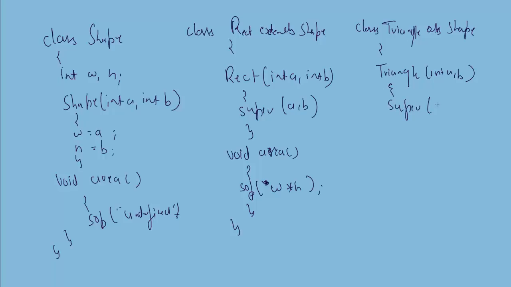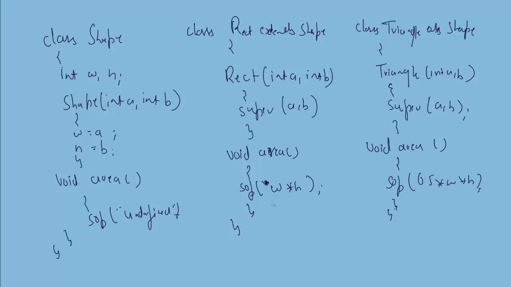Anyway, I'll be showing you the program, but by this time you need to take care of the syntax. Void area. What would be the area of the triangle? 0.5 into W into H. So this is how I have designed my class.